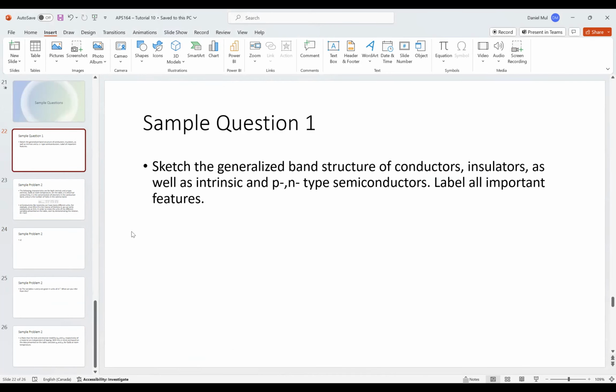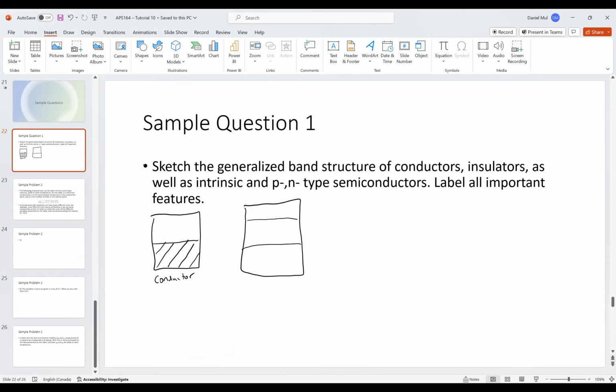I'll just draw it out on the slides. We have a conductor. This would be a conductor. We have an insulator.